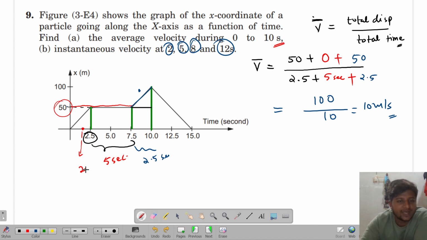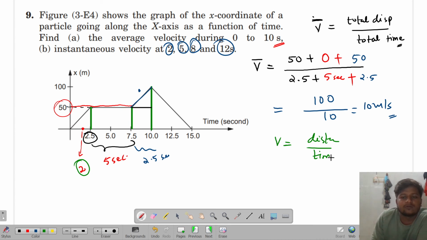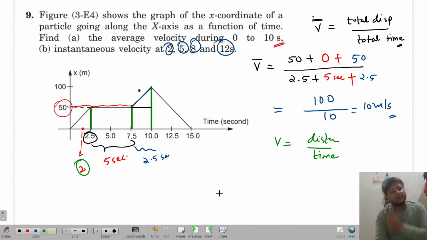To find the speed at 2 seconds, what do we need to do? We know that velocity is what? Distance by time. Yes or no? Now, if velocity is distance by time, suppose we have an x-t graph.